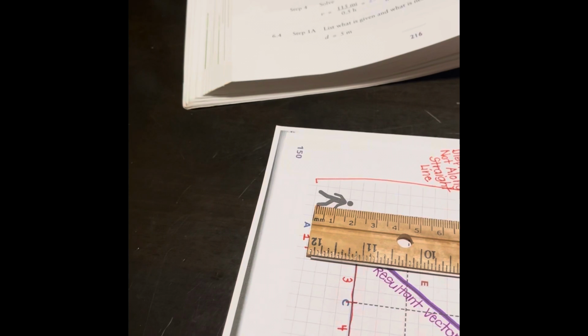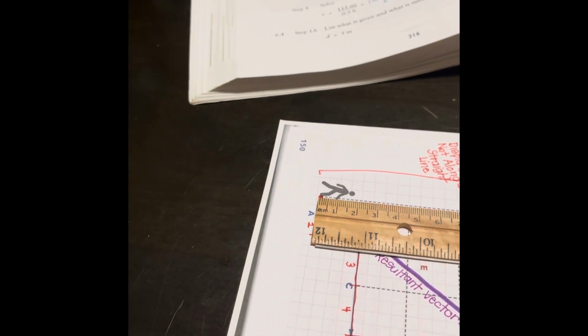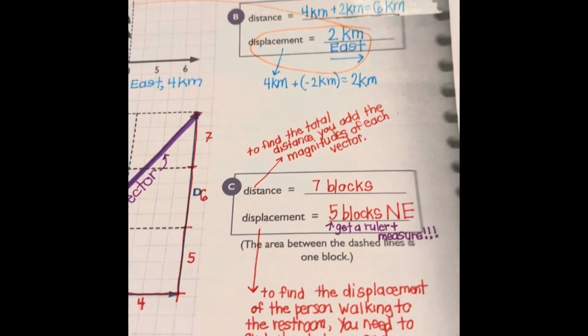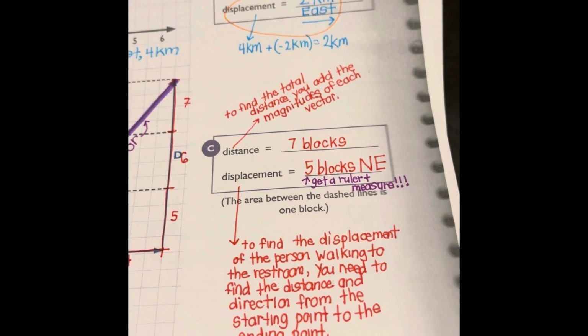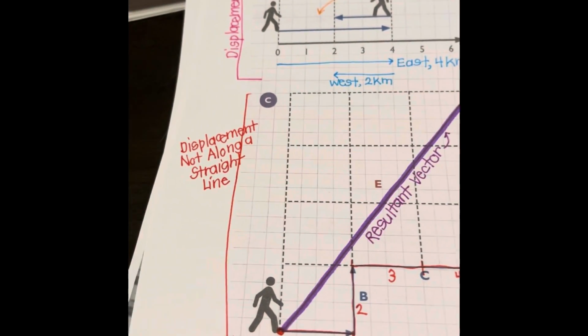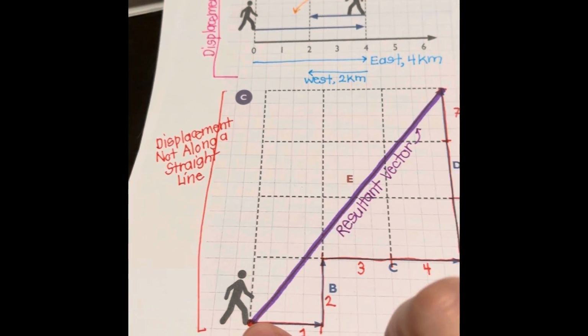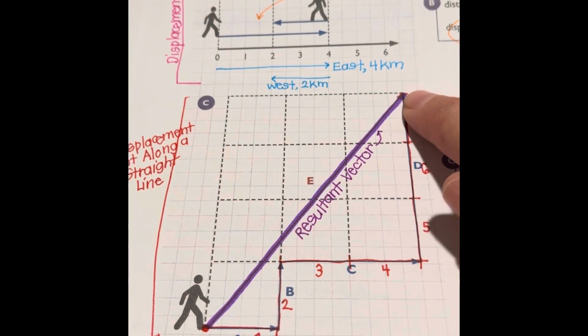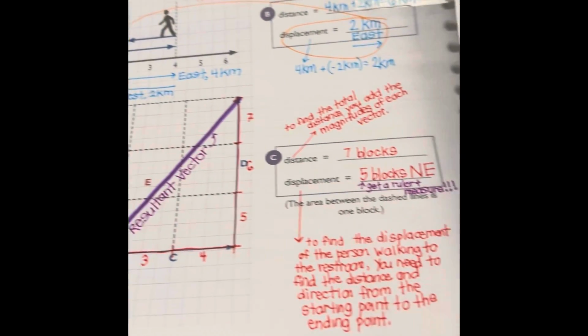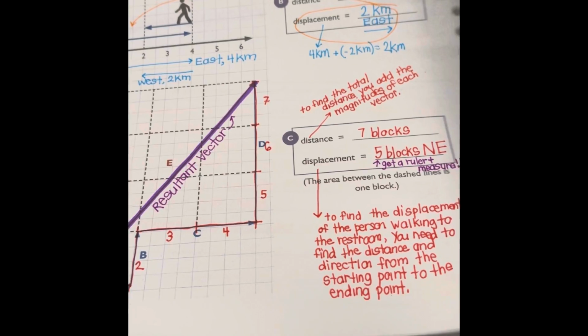So 11¼ divided by 2¼ is 5. So once again, my displacement is 5 blocks northeast. So again, it's my starting point to my ending point, 5 blocks northeast.